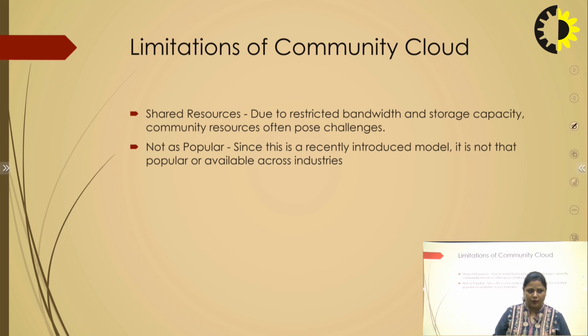And there is potential for higher cost compared to public cloud, that is, while costs are shared, the overall expenses can still be higher than using a public cloud, particularly if the community cloud requires specific hardware, software and security measures.